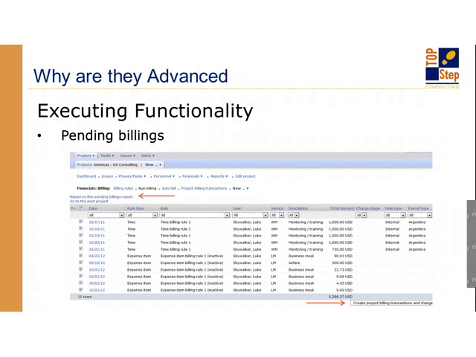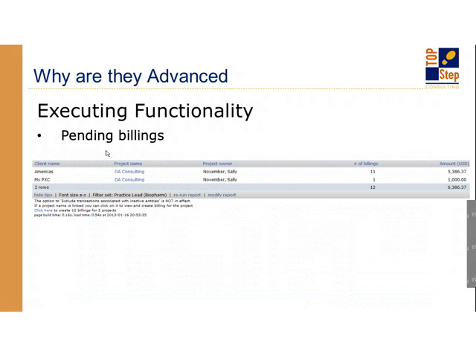Actually, the way of centrally running billing is using this option down at the bottom, which from the pending billings report itself, if I don't want to drill down and individually create the transactions by project, I can create them here. When I click there, it's just going to say, are you sure you want to create these transactions?